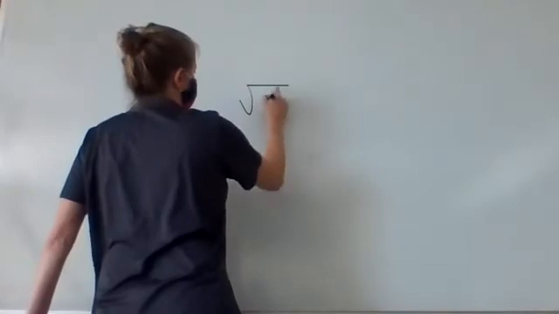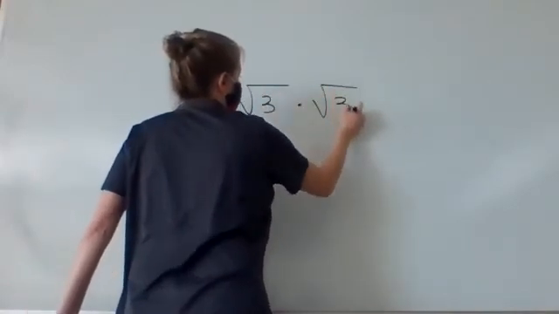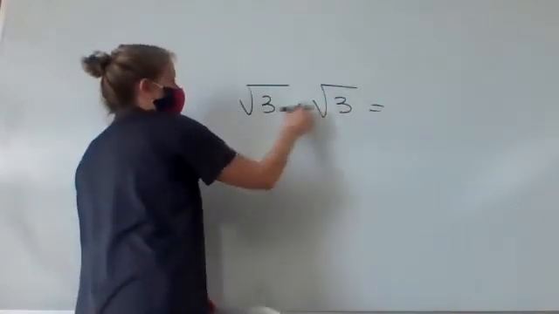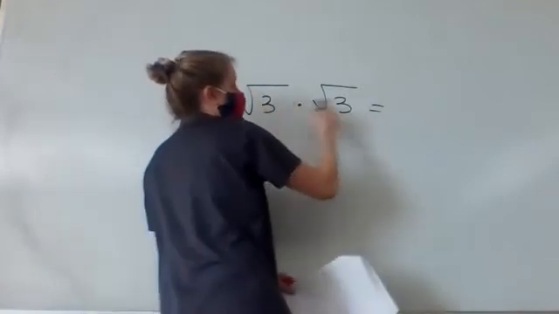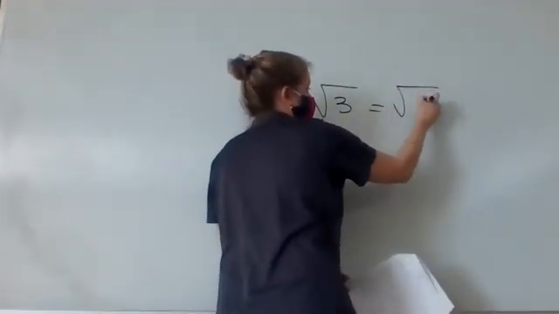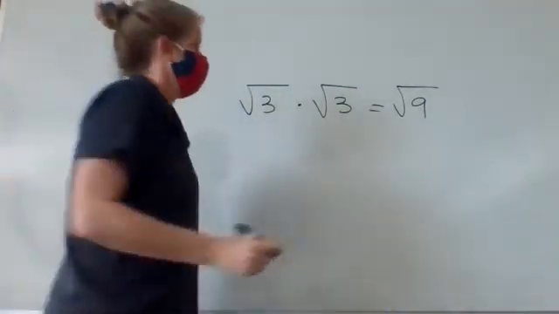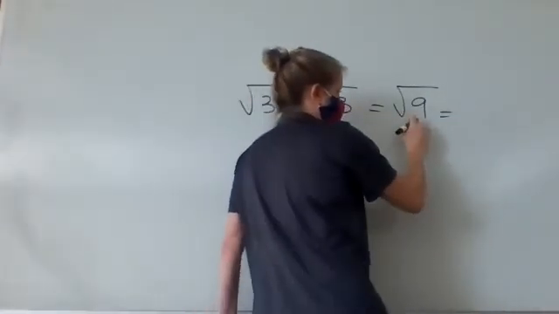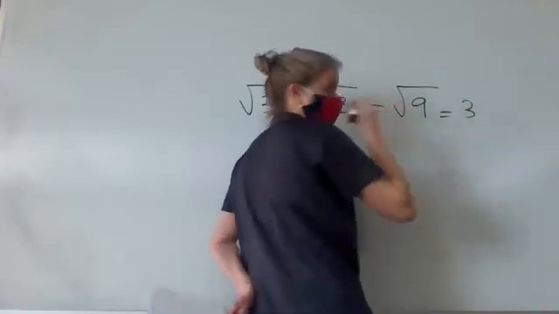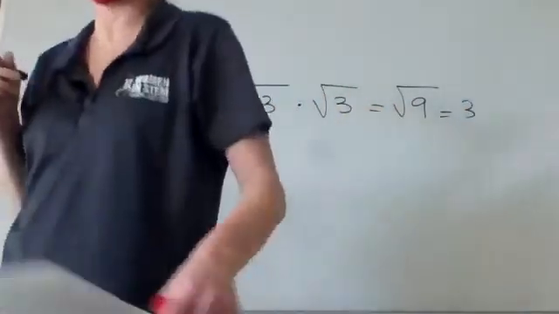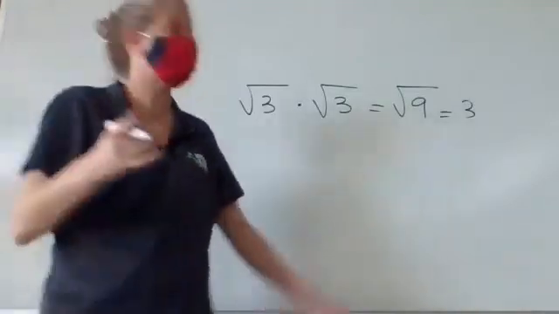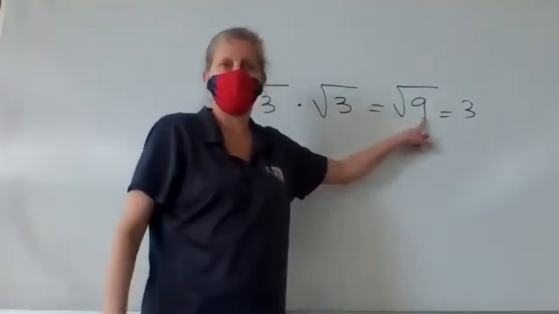If you had the square root of 3 times the square root of 3, if they're both underneath the square root symbol, you multiply the 3 together to get the square root of 9. And then you would simplify that because what is the square root of 9? 3. All right, what does that mean by square root? That means what number times itself is that?